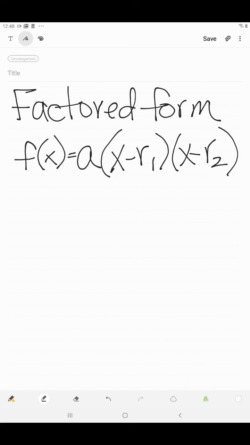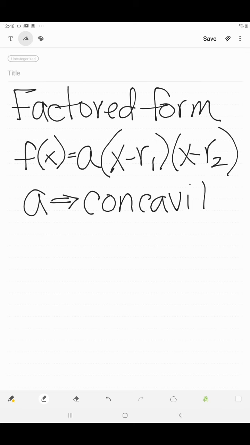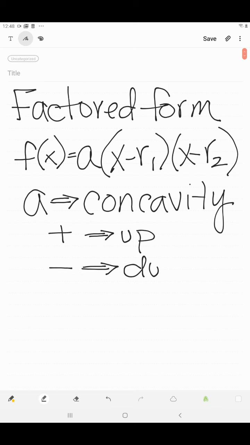And like before, ladies and gentlemen, a tells us if it's concave up or down. So it's concavity. Remember, if it's positive, it's up. But if it's negative, it is concave down.